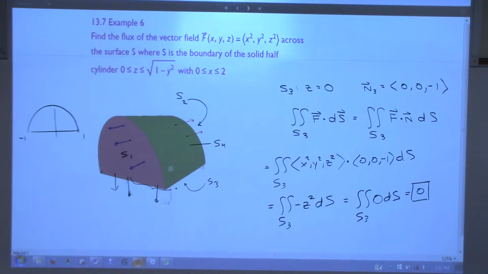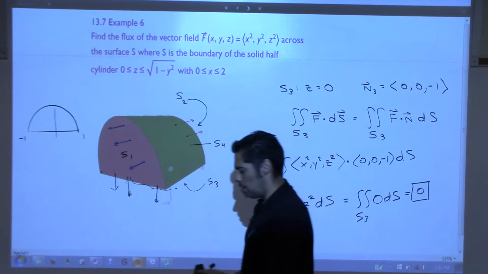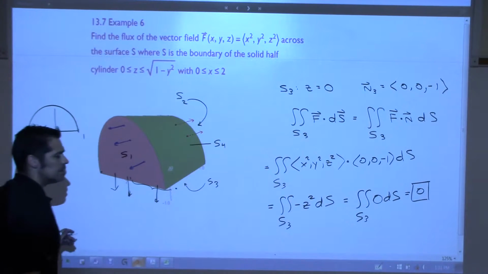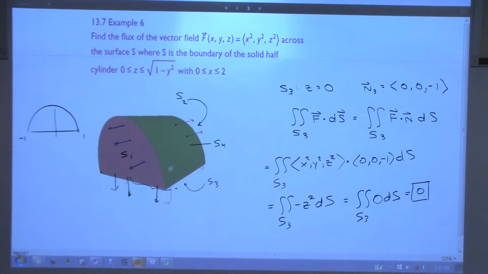Yes? If we needed a negative vector on the y-axis, would it be positive as negative j? Wait, say again. If we needed what? A negative vector on the y-axis. So since you use j, it would be negative j. Would that make it positive?